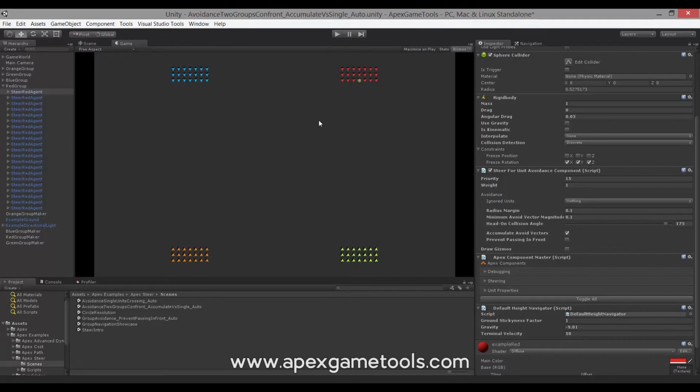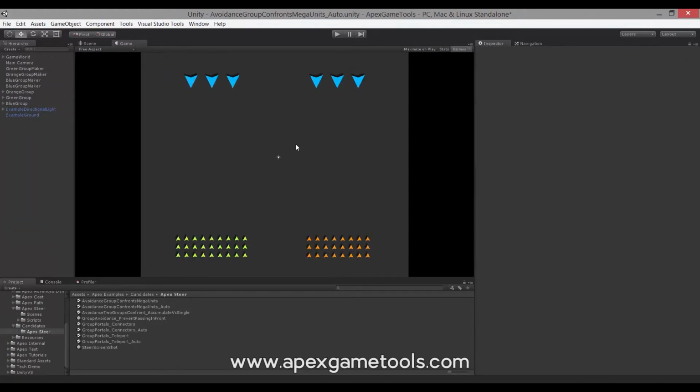Let's have a look at an example with different sized units where the behavior will be more clear. So in this scene we have a group of big units at the top here, and at the bottom on the right hand side we have a group of units that will accumulate their avoid vectors, and on the left hand side we have a group that will not.